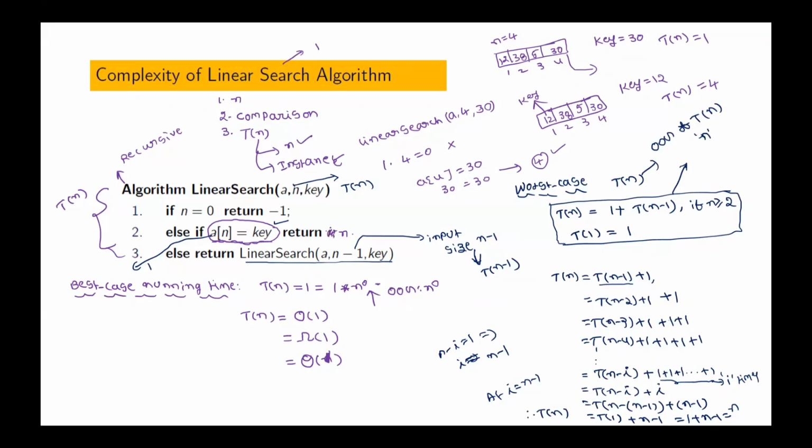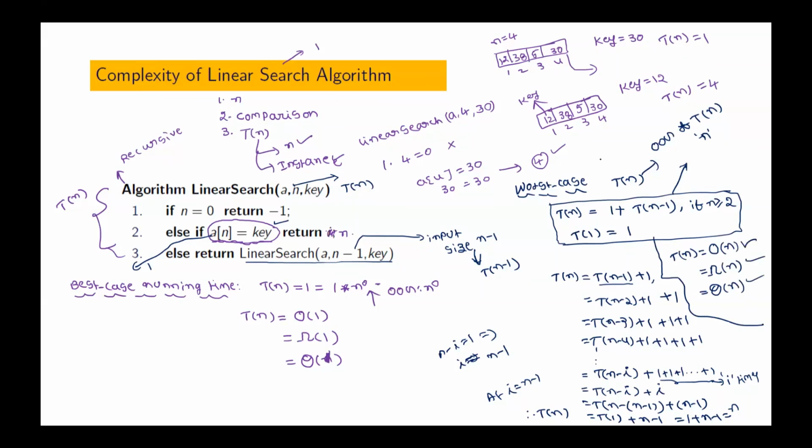Hence, we can represent T of n as big O of n, big omega of n, even theta of n. All are correct. Is that okay?